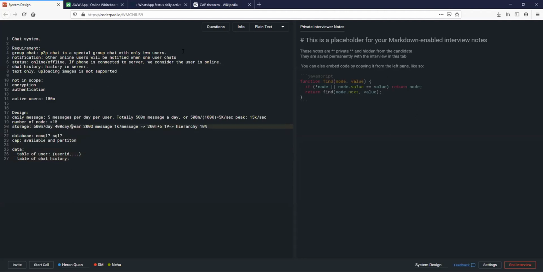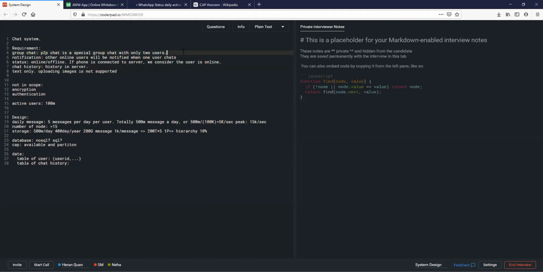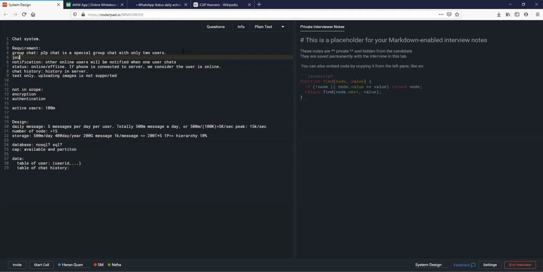I want to make this assumption to make this easy, that we don't want a new user to join this group chat after it is created. So what do you guys think?